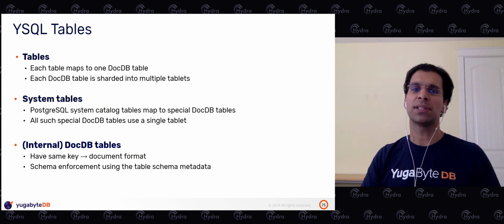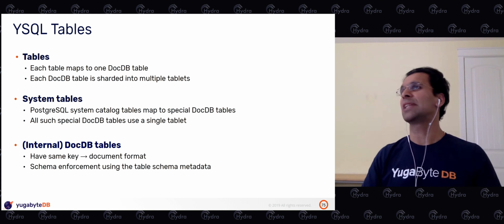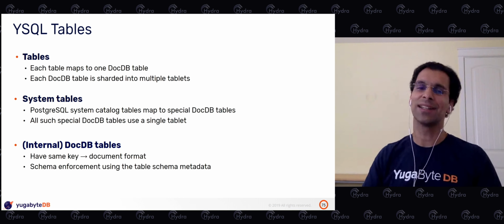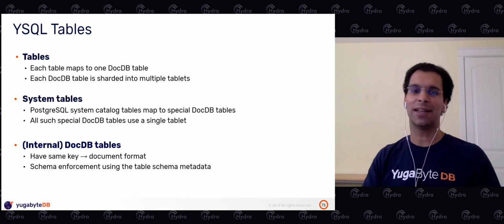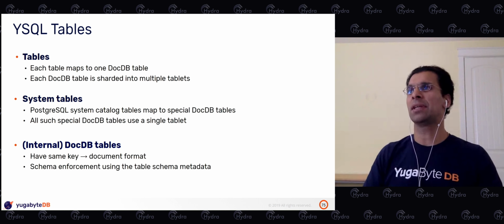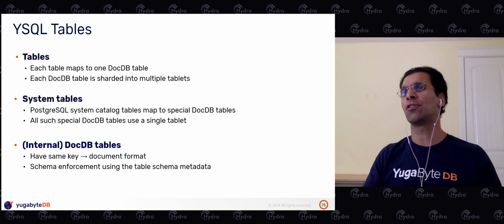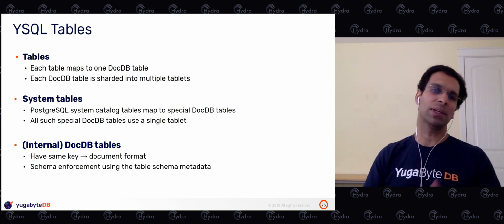The system tables, one of the surprises for us was there are 279 system tables in Postgres, and we didn't want to make 279 tablets because there's barely any data. So we map all of the system tables into a single DocDB tablet, and this form of putting multiple tables into one tablet is called co-located tables in Yugabyte, and you can look it up.